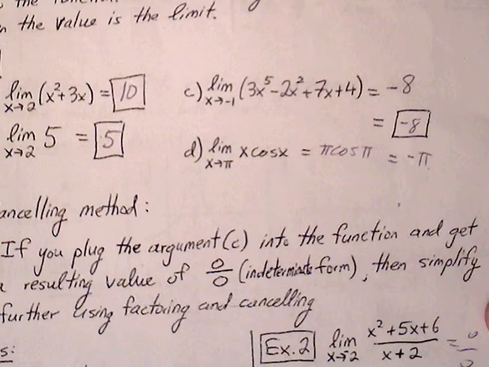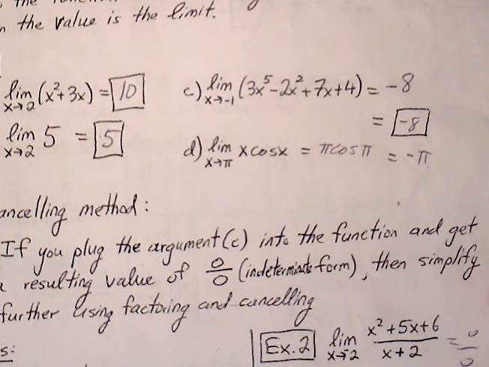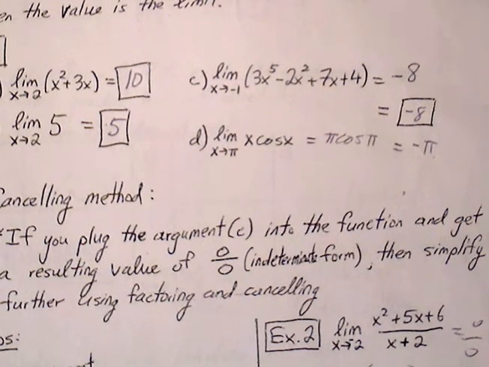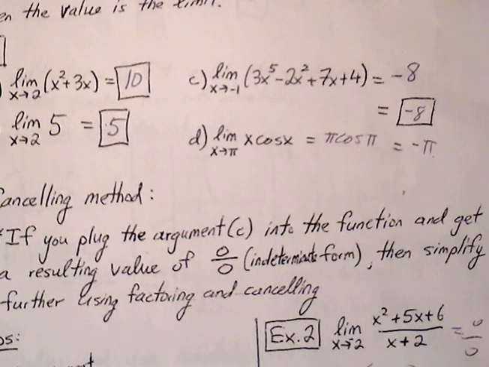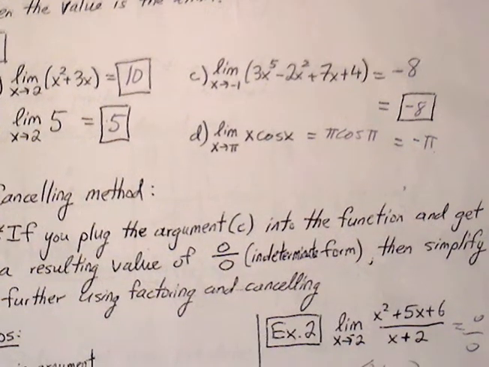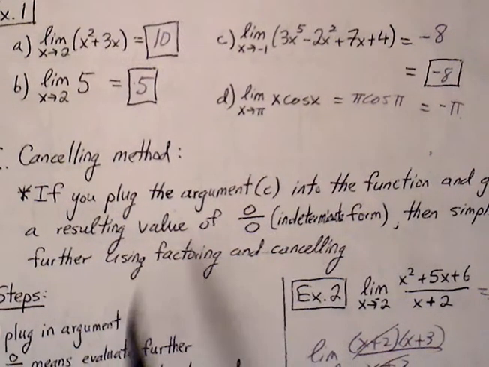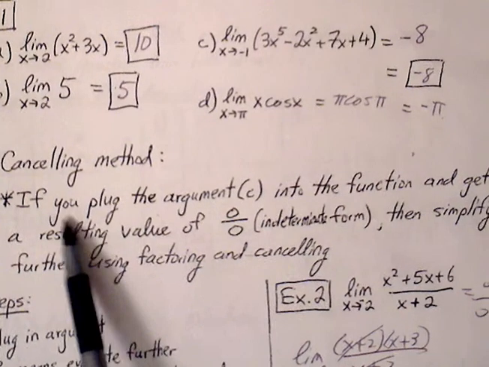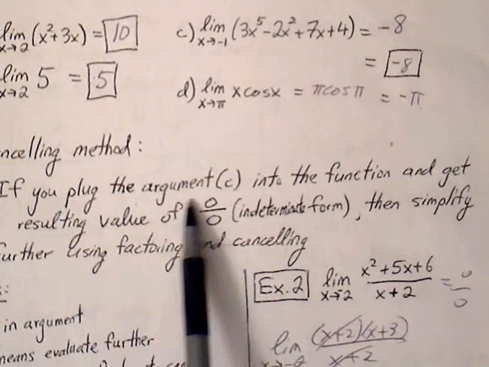Now sometimes when we plug in, we're not going to get real numbers initially. So there are problems where we're going to have to do more work than just plugging in and finding a real number. So there's a canceling method. The steps that we take here is we're going to still plug the argument into the function.